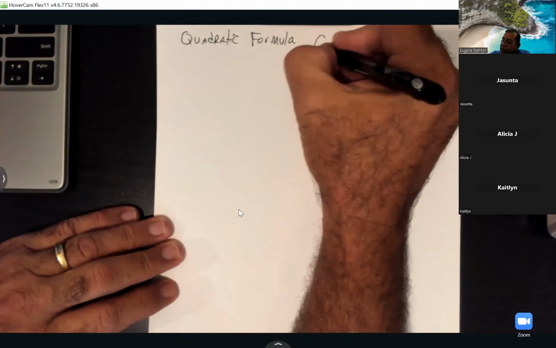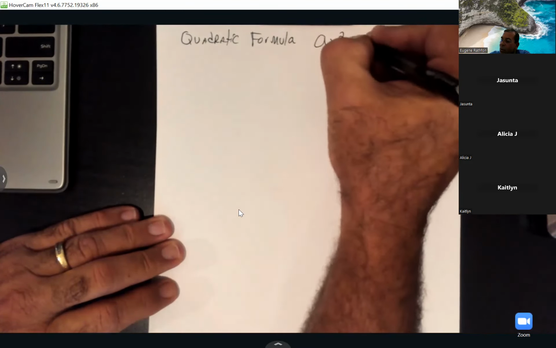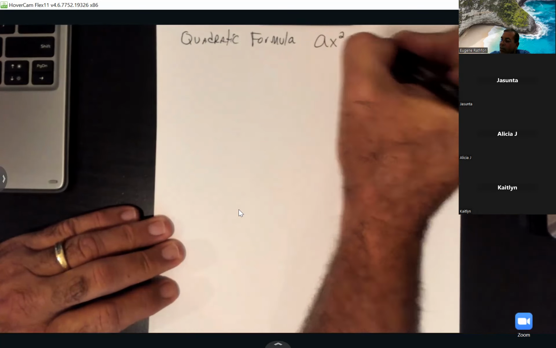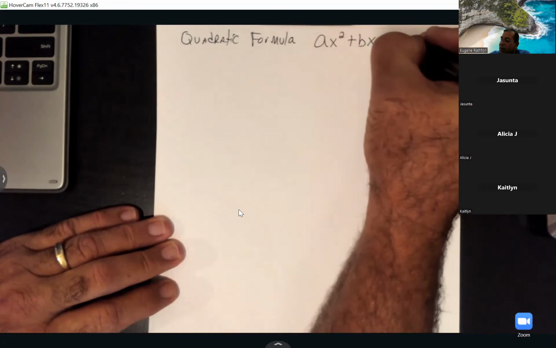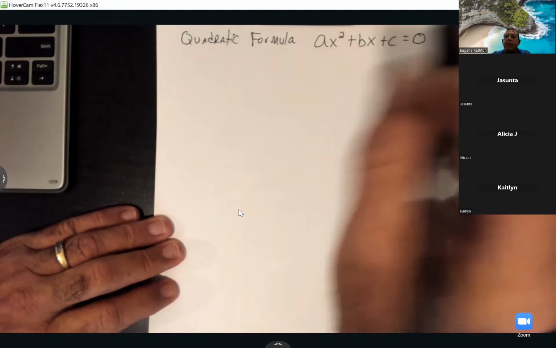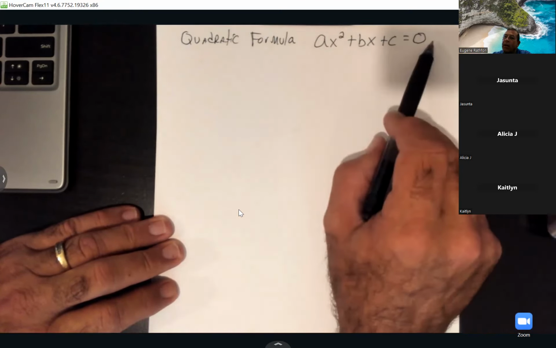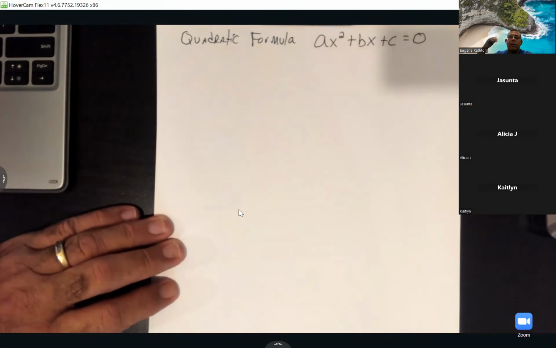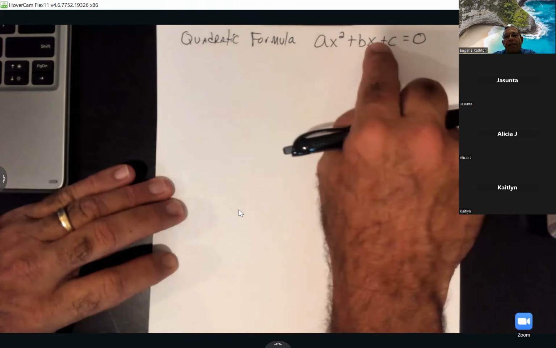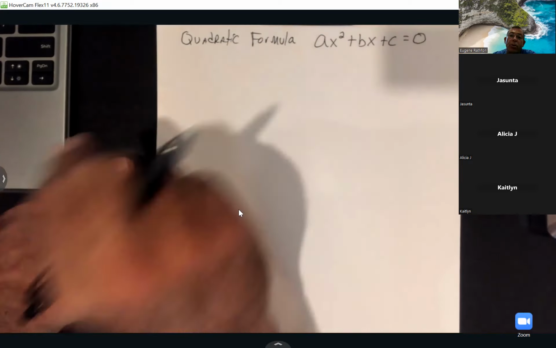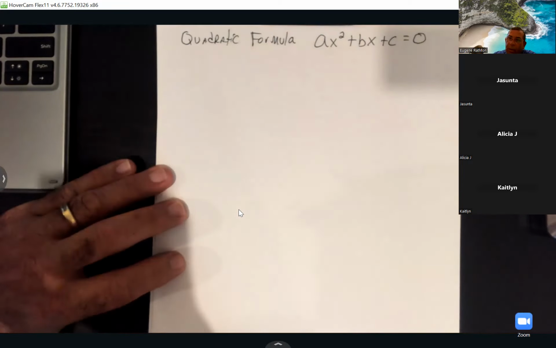I use this for equations of the form ax squared plus bx plus c equals 0. You want everything on one side in descending order equal to 0. But when you cannot factor them, your solutions can be given by the following formula.